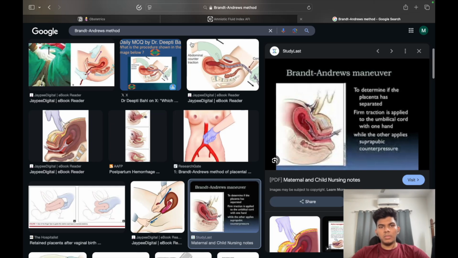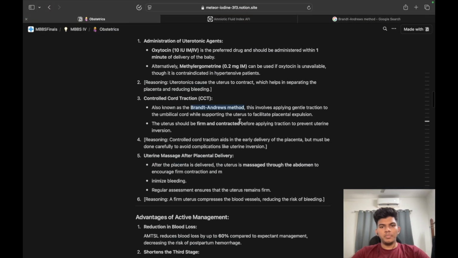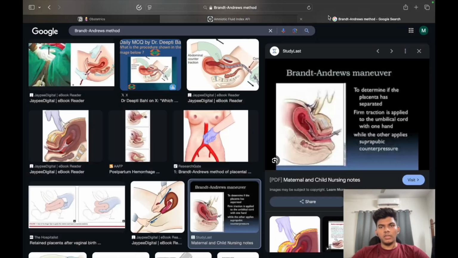So this is the Brandt-Andrews method maneuver. So overall the uterus should be firm and contracted before applying traction to prevent inversion. So this is the prerequisite, otherwise it can lead to uterine inversion. So let's see uterine inversion, how it looks like. I'll put this here.